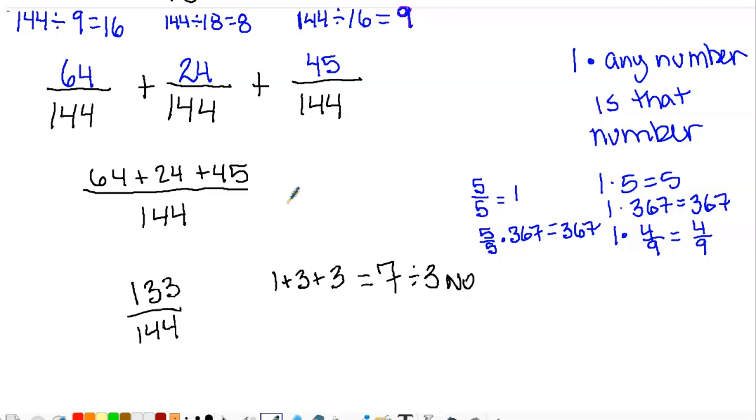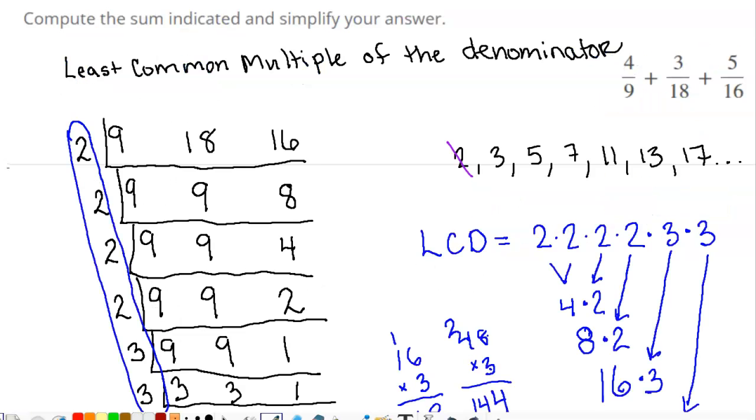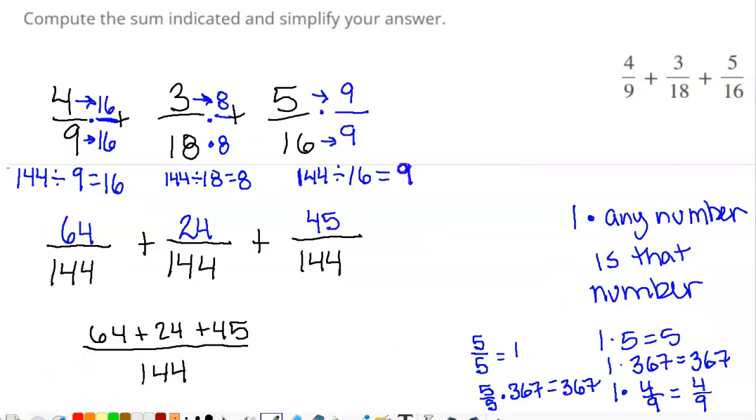My next thing then is to go check my prime number chart. I know that 144 does reduce, and we have how it reduces back on our last page. So it reduces to 2 times 2 times 2 times 2 times 3 times 3. That only helps us if 133 reduces as well.